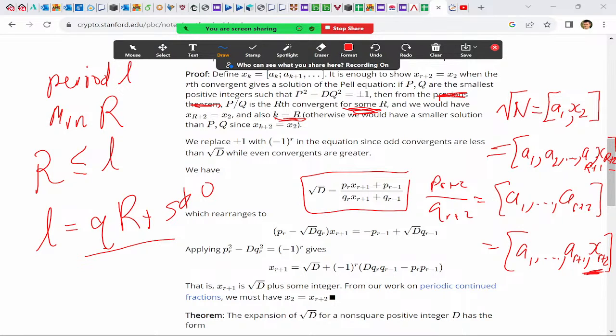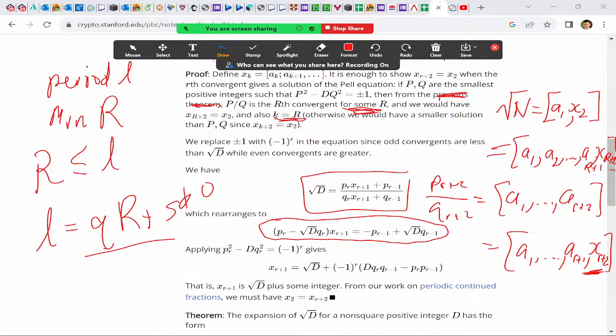So if you assume this, the rearrangement is actually pretty obvious. You just times the denominator across. So what do you get?